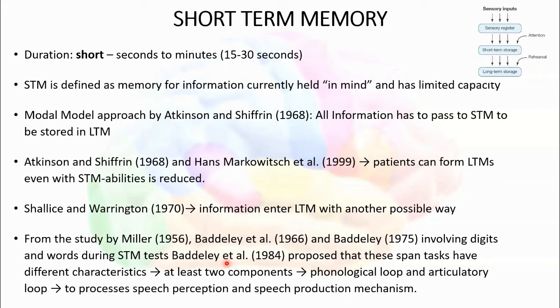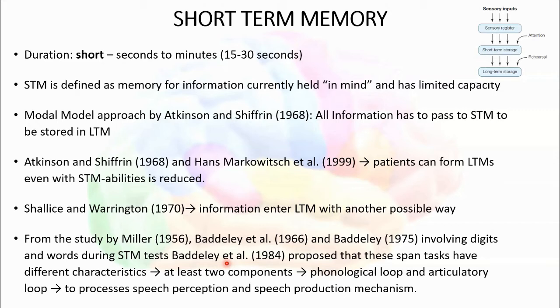If you rehearse the items, the encoded information in the short-term memory can then move into long-term memory to store the selected item. Each stage of memory actually has different characteristics.